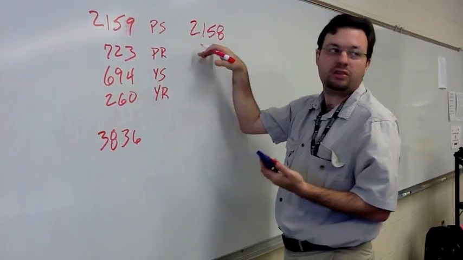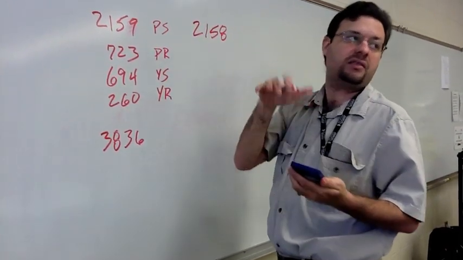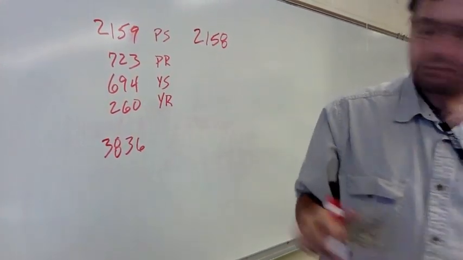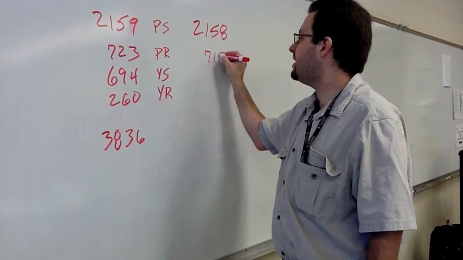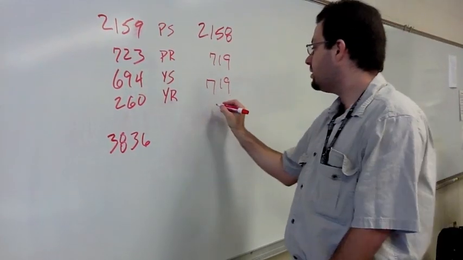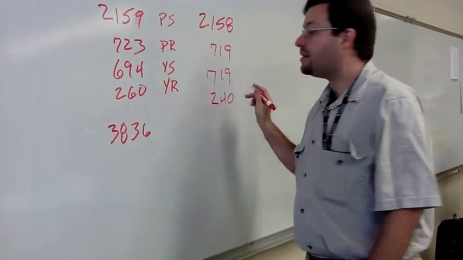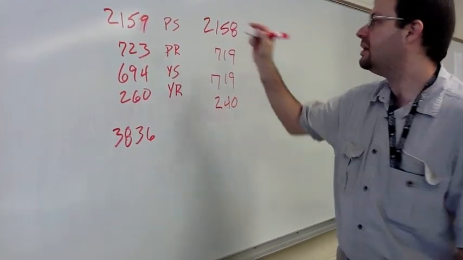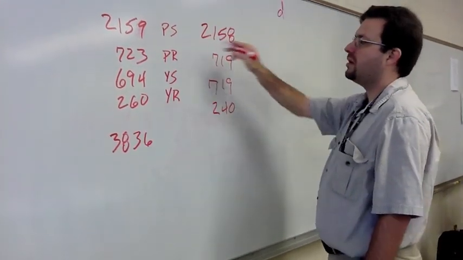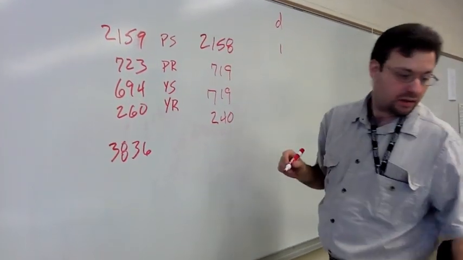This is what you should have gotten with a 9 to 3 to 3 to 1 ratio. Then you get 719, 719, and 240. These are the numbers you should have seen. Then you take the difference of this. The difference on this one would be 1.